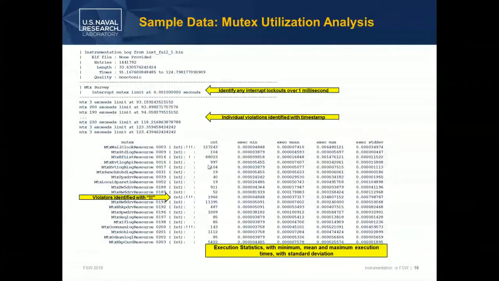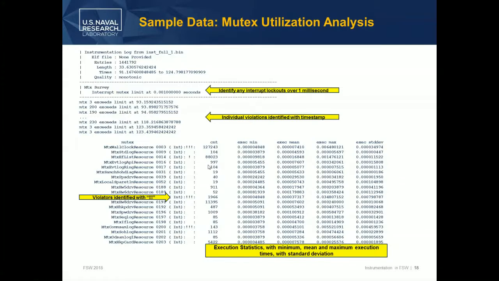Here's another example of a report, a mutex utilization analysis, to show what our different interrupt or semaphore usages are. We can run the analysis and say, hey, anyone who has an interrupt lockout of greater than 1 millisecond, let's flag those and start tracking those down. So you get a report here of the different interrupt locks.